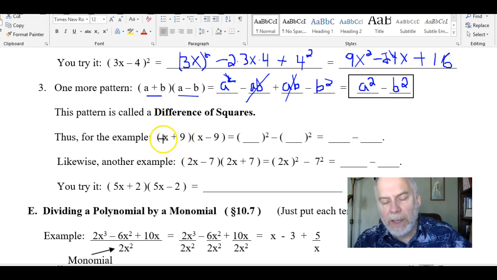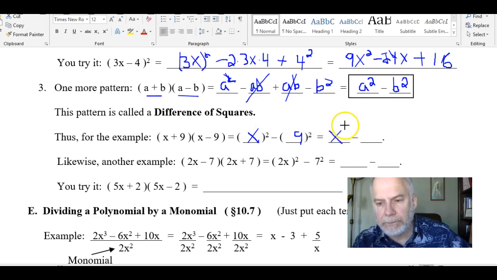So here, using just the pattern, we see they have a plus and a minus, so it's just going to be x squared and then minus 9 squared. So you'll have basically x squared, of course, and then minus, well, 9 squared is 81.